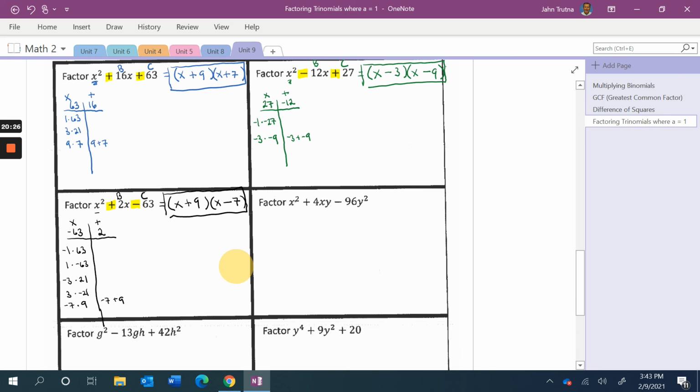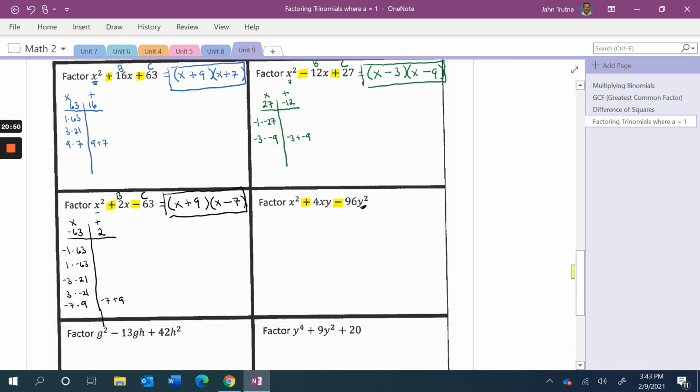Notice in this last one we're going to do x squared plus 4xy minus 96y to the second. This is the first one where I had a variable at the very end of the problem here, okay? So what are we going to do with this one? Well, you kind of do it the same way. First of all, notice this trinomial is a plus minus, just like the previous one.